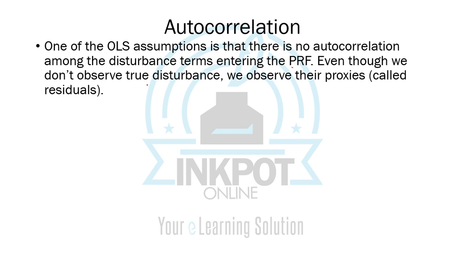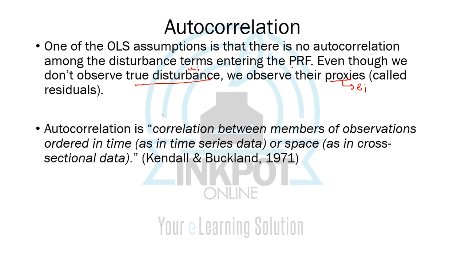So what we observe is not the true disturbance ui, but their proxies represented by ei, also called residuals. One definition of autocorrelation was given by Kendall and Buckland in 1971. It says that autocorrelation is a correlation between members of a series of observations ordered in time, as in time series data, or space, as in cross-sectional data.